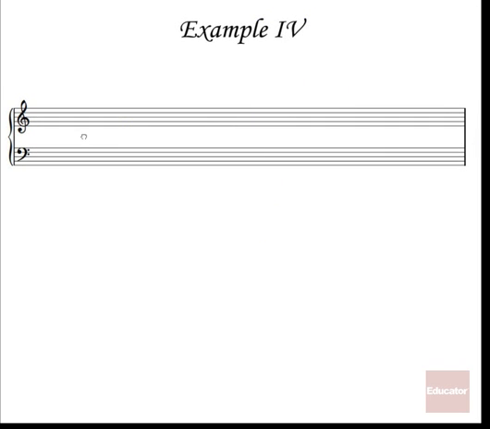Okay, and for our 4th example, let's do an actual modulation exercise. So a question might ask you to modulate from, let's say, D minor to C major by using a pivot chord, or might call it a common chord.